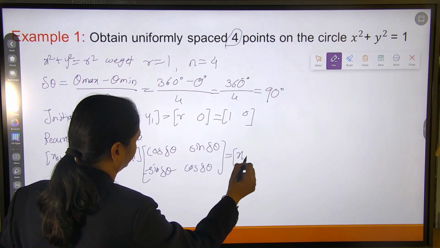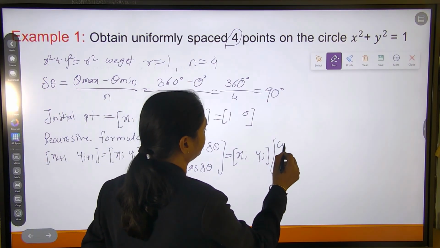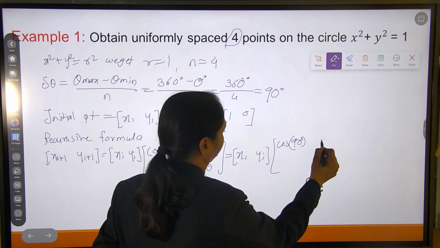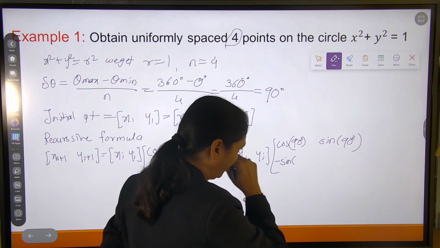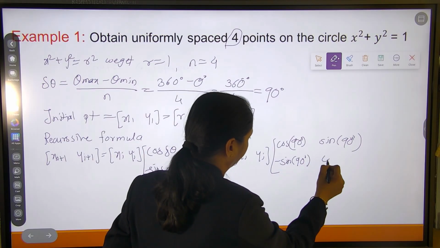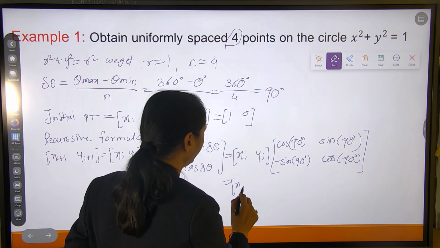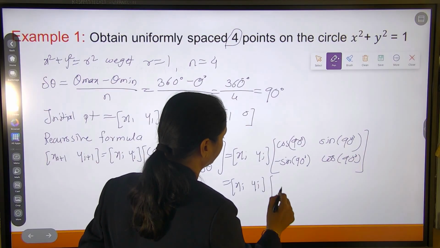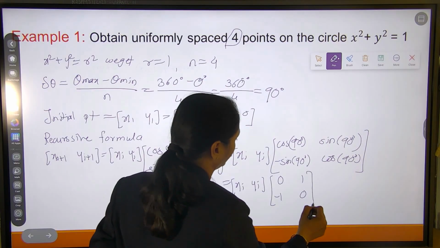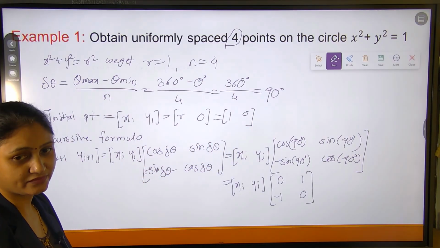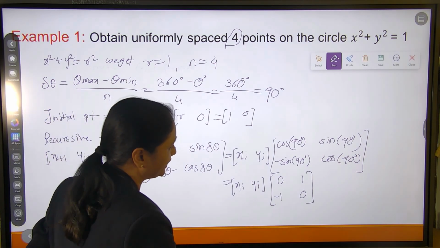So x i, y i into cos 90, sin 90, minus sin 90, cos 90, and this is equal to x i, y i into 0 1, minus 1 0, as cos 90 is 0, sin 90 is 1 and minus sin 90 is minus 1, and cos 90 is 0.